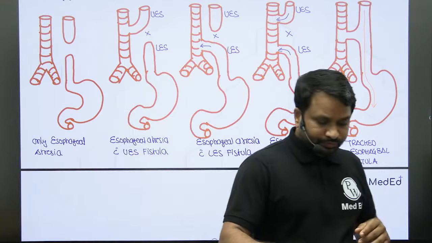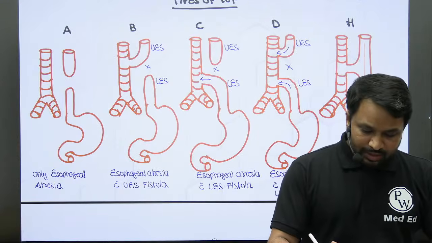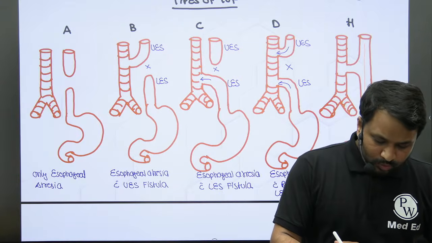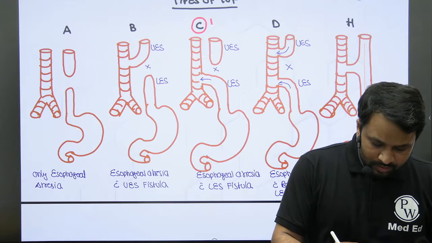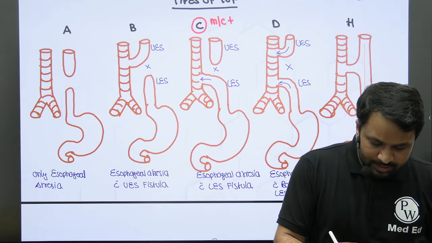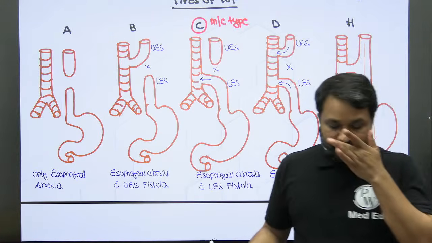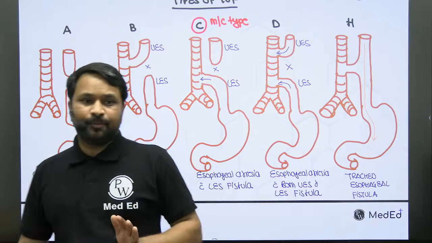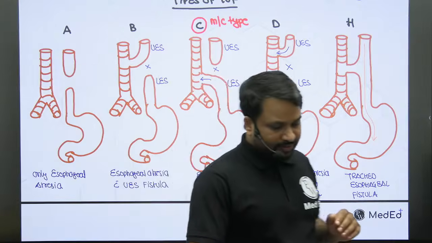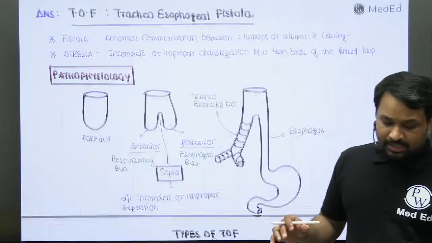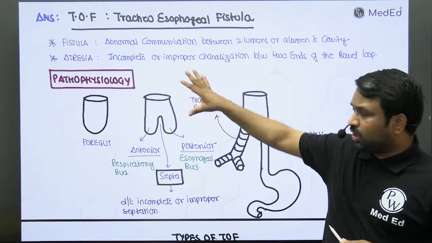Okay? So clinically talking, remember by incidence, the most common type of the tracheoesophageal fistula is a type C variety, right? So we discussed the pathophysiology of it.